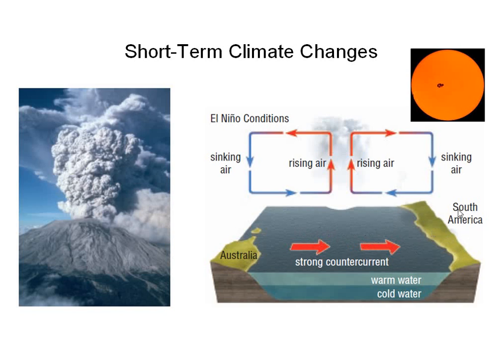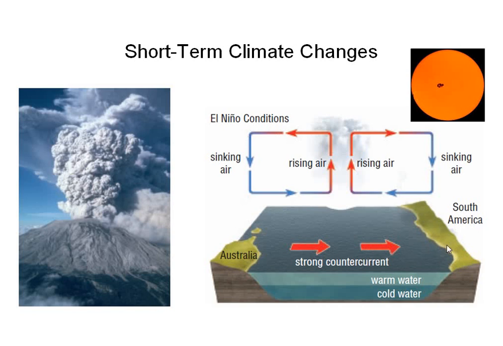Usually the western coast of South America is dry and cold, right? But sometimes due to this El Nino condition, this place will be warm and rainy.